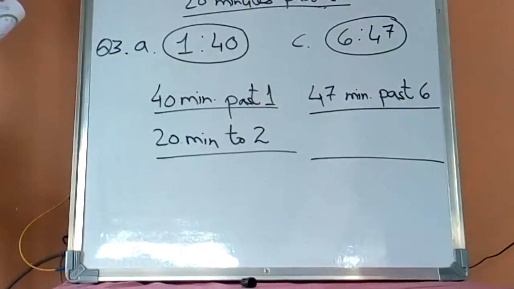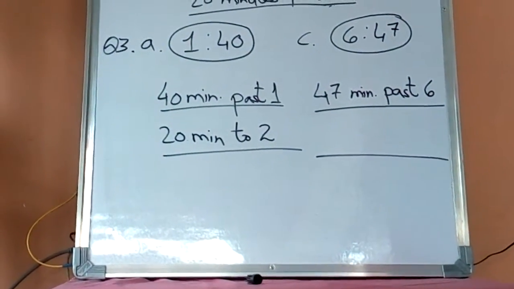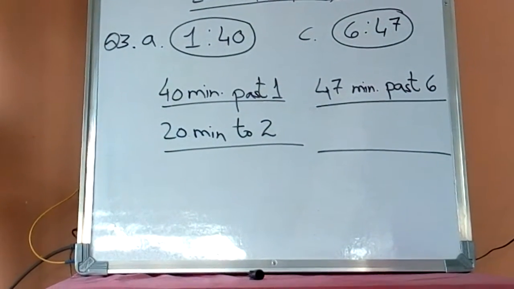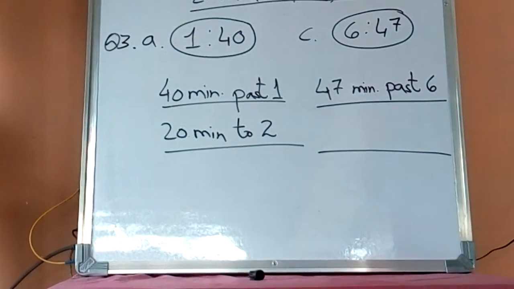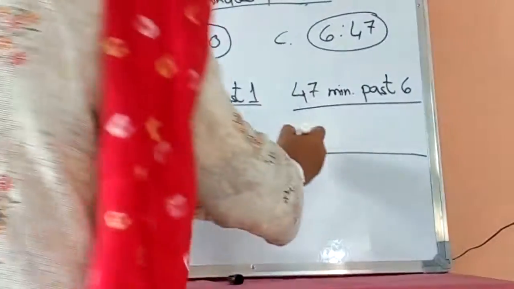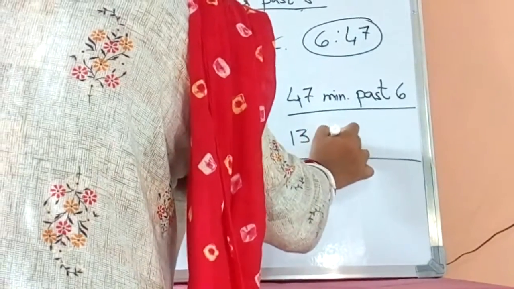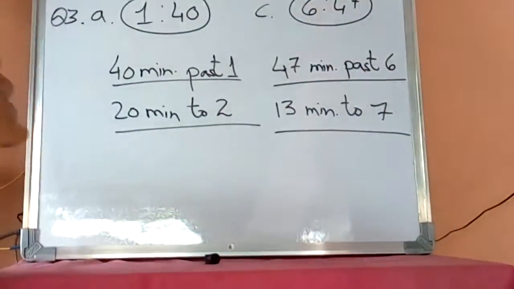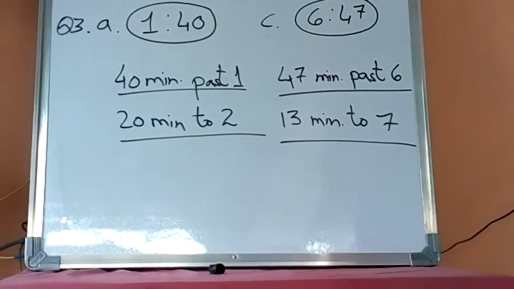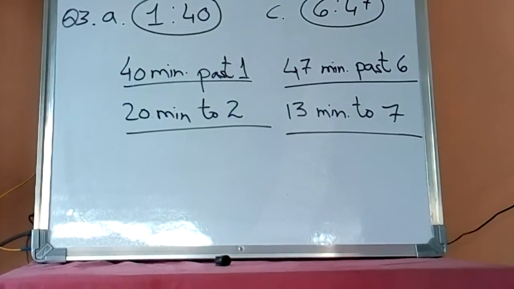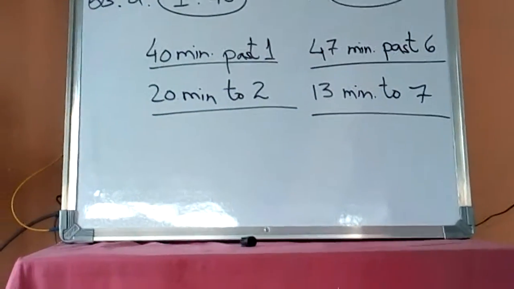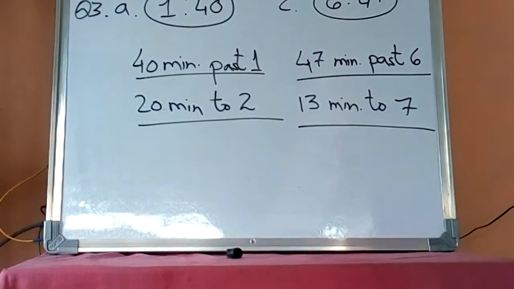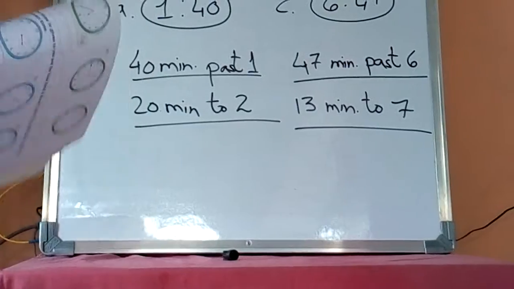And if it is 2, then what will you write? 30 minutes to 7. Here I am writing minutes in short. You will write in the full form. Because my board is small, that's why I am writing minutes in small. So 6:47 it will be.